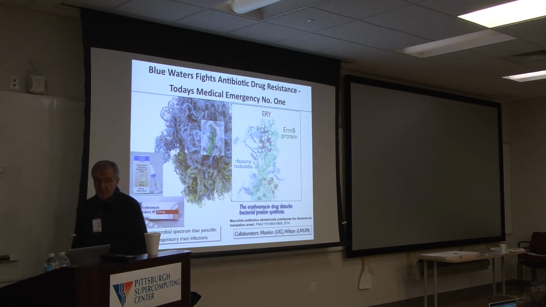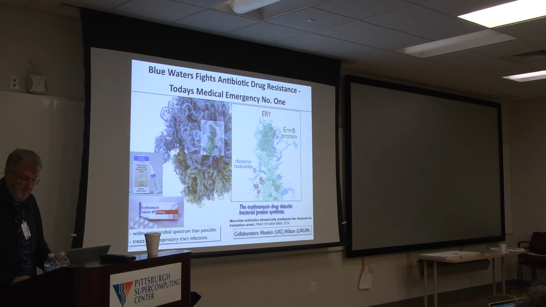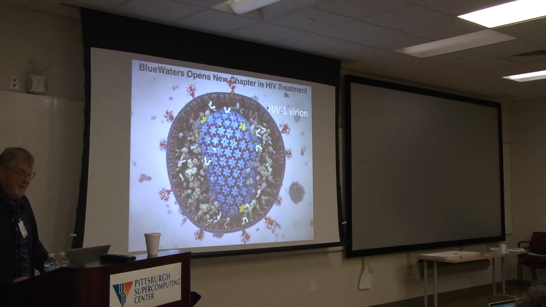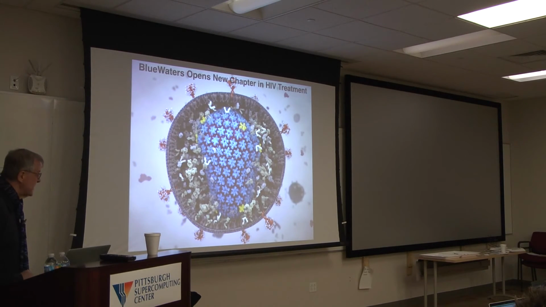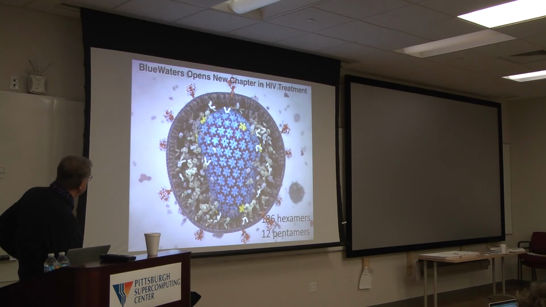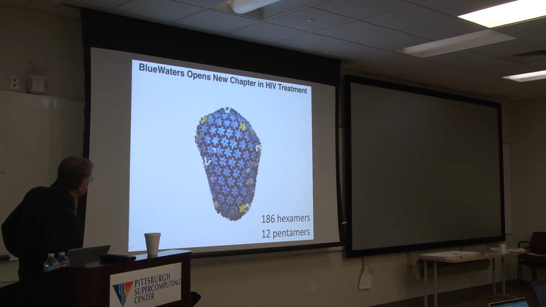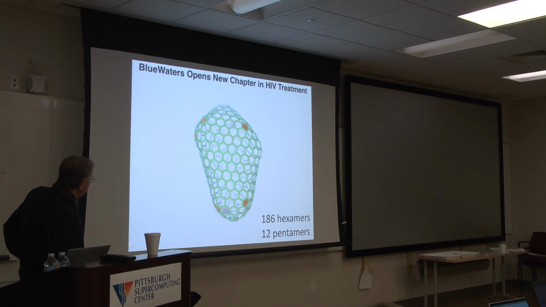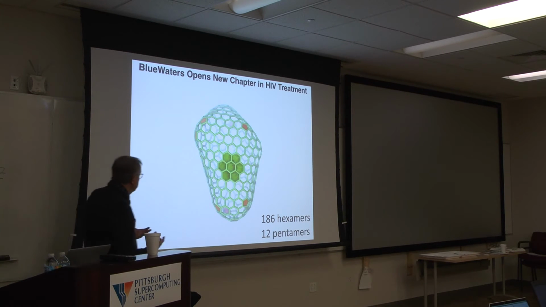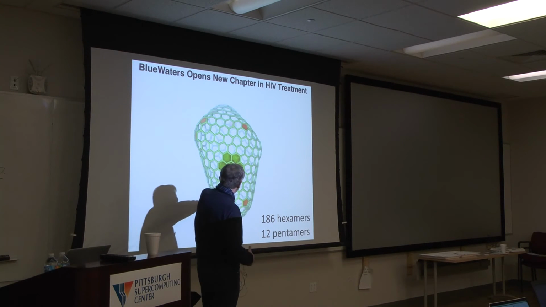And so, okay, this was 3 million, and now here we have the 64 million atom system. This is the capsid of the HIV virus. It contains the genetic material inside, and this is basically the rough pattern that makes it.